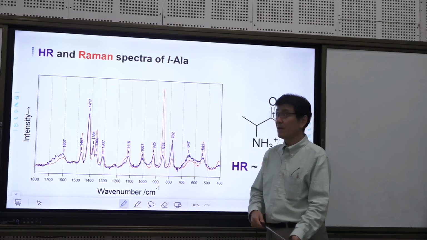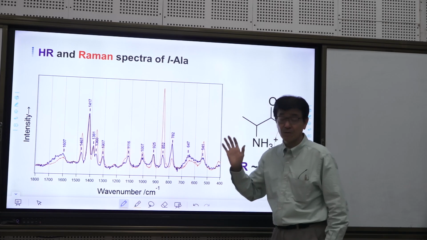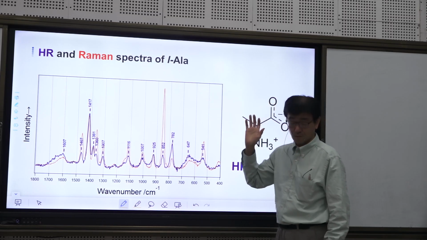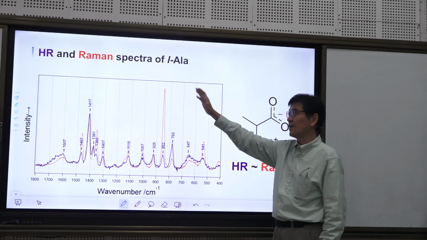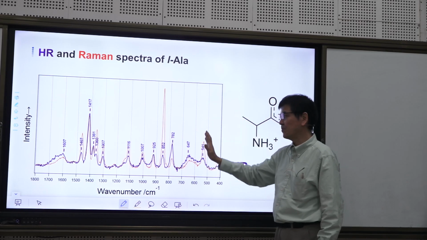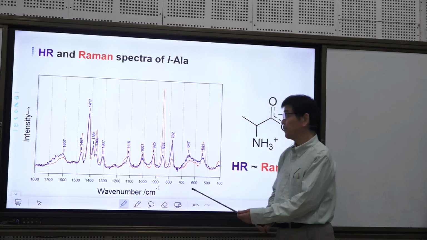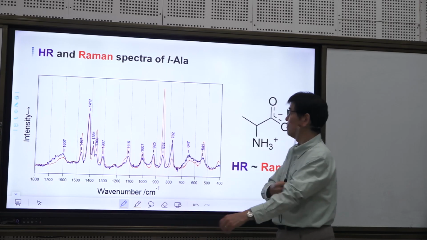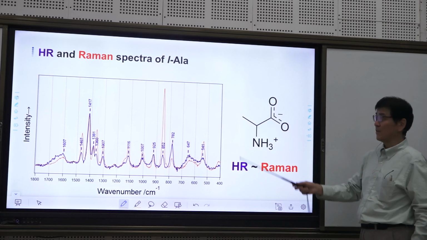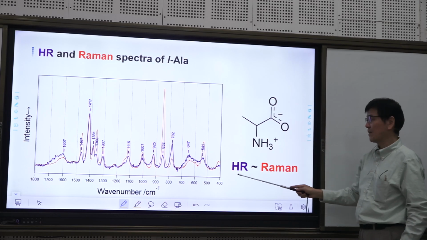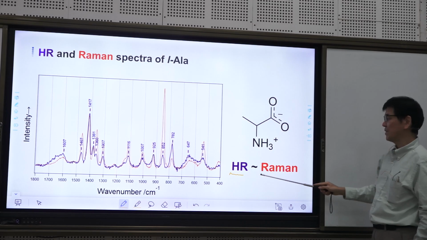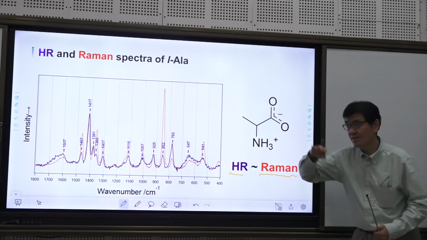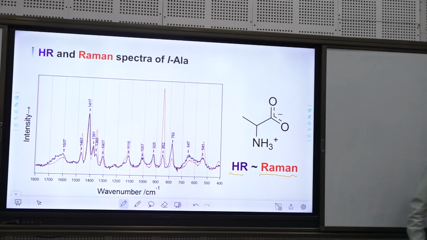It's natural. Hyper-Raman spectroscopy is a method to detect molecular vibration. Raman spectroscopy is also. So they detect the same vibrational modes, normal modes. Only the intensity is different. So I found that in the case of L-alanine, the hyper-Raman spectrum is nearly equal to the Raman spectrum. Okay, this is the first step. Anyway, we have to examine further.